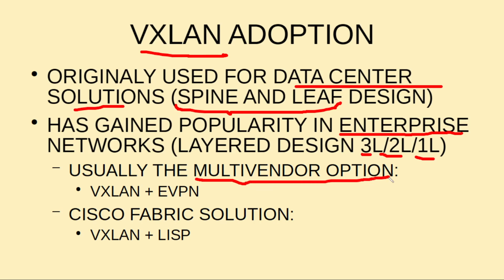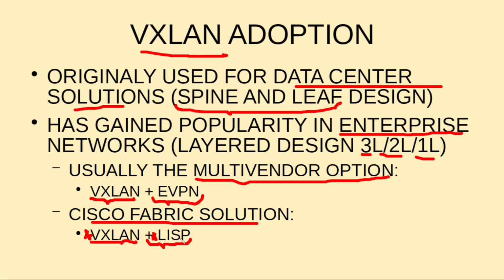And then you will have to make a choice whether you go for the multi-vendor option. In that case, you are going to use the standard VXLAN protocol in companion of multi-protocol BGP with EVPN, which is also a standard. Or you can go for the Cisco Fabric solution. In that case, you will be using a Cisco modified version of VXLAN in companion of a Cisco modified version of LISP.